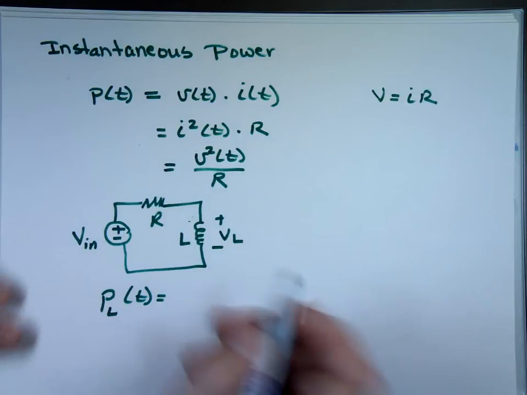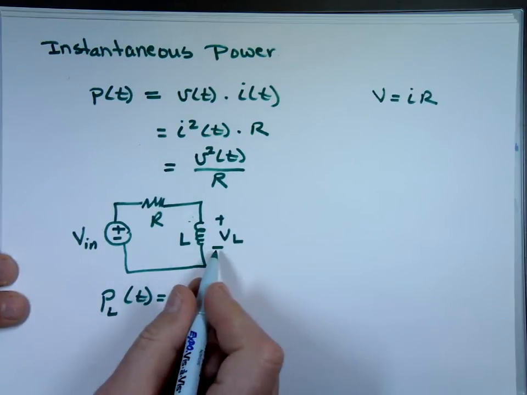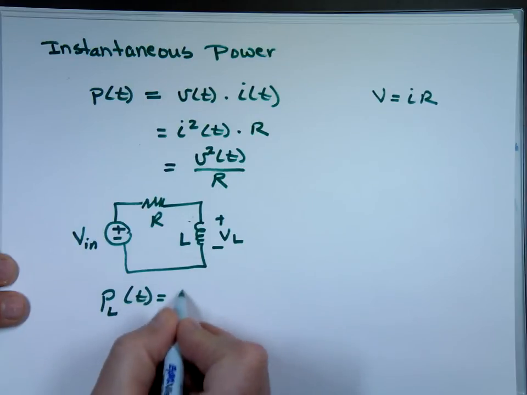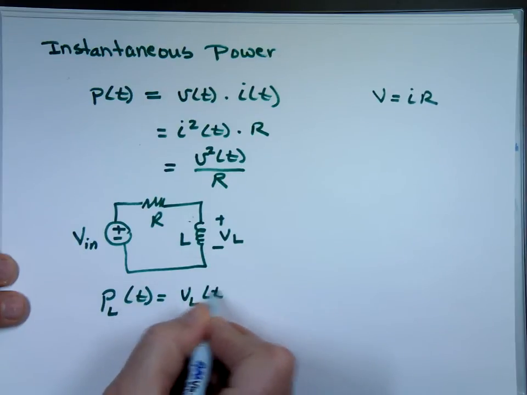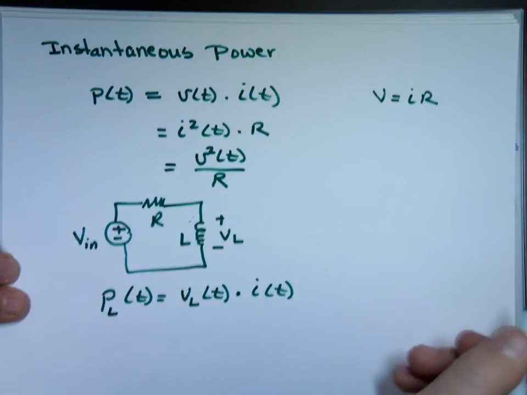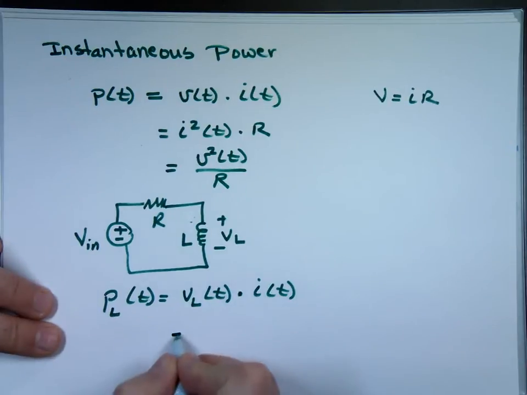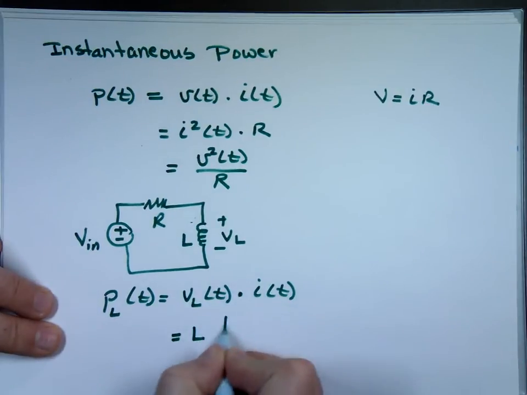And if you want to find that, you go, well, what is that voltage? Voltage is VL as a function of time times the current. V for inductor is what? L di dt.